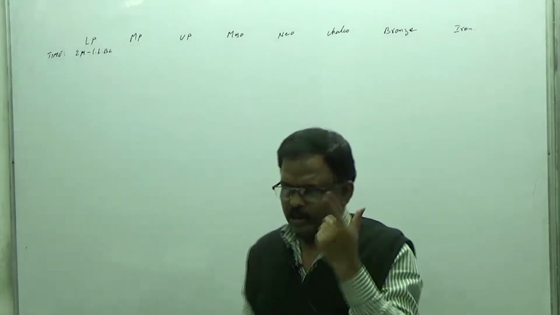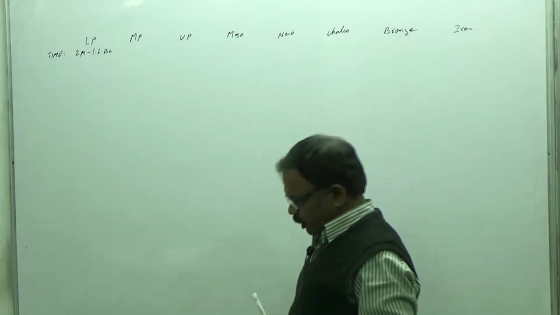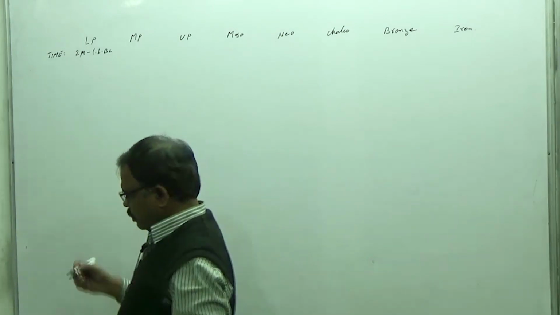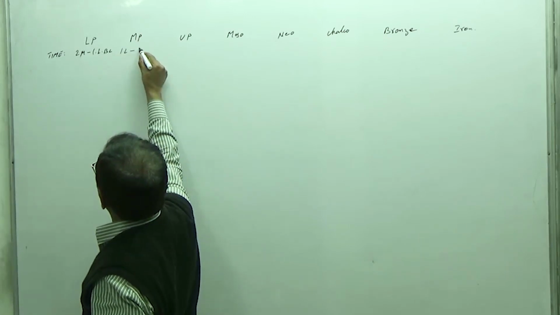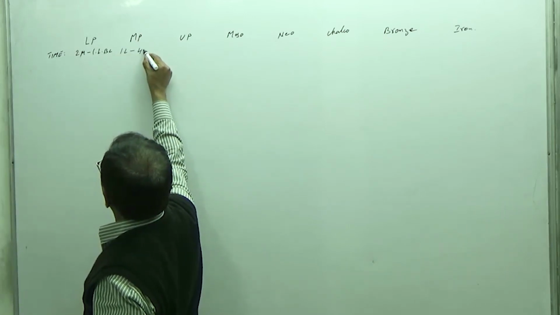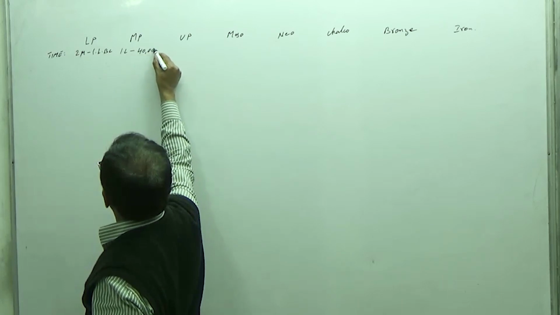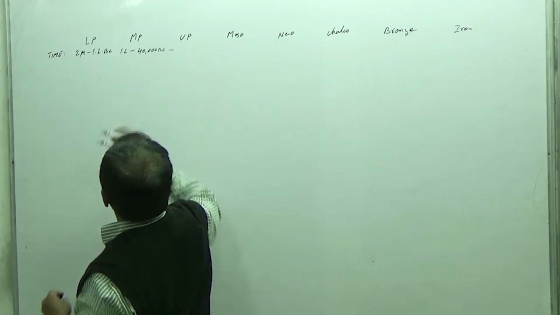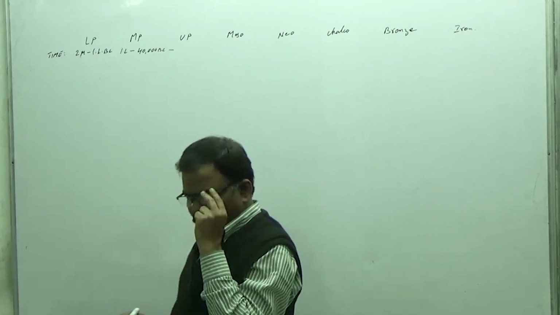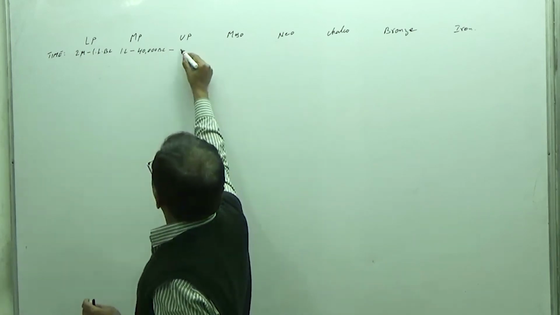Then Middle Paleolithic. 1 lakh to 40,000 BC. Upper Paleolithic. 40,000 to 10,000 BC.